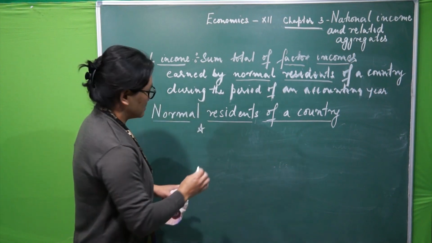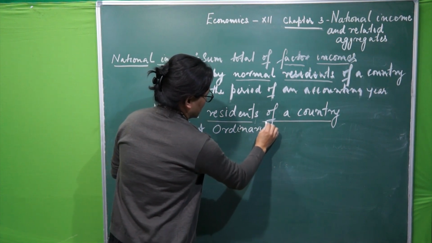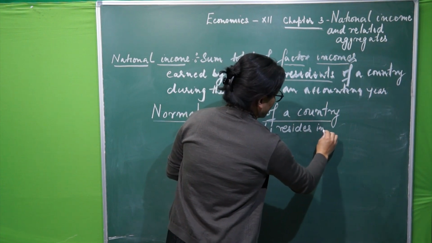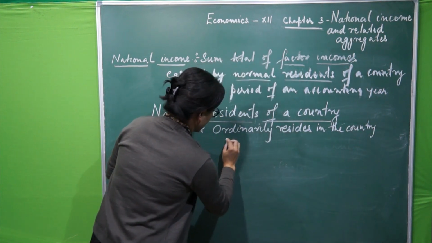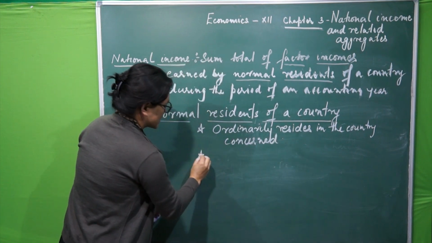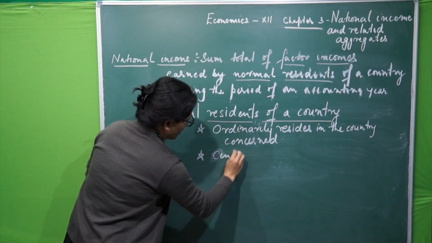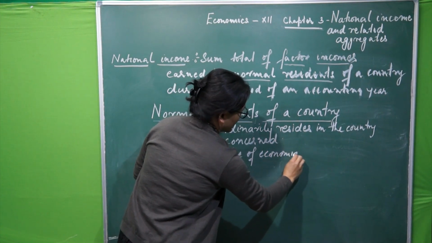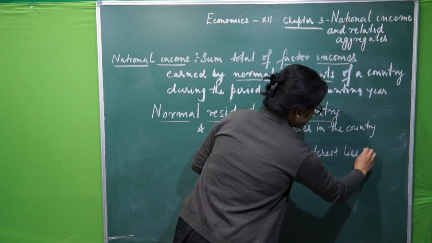The first one is that the person must ordinarily reside in the country concerned, and the second one is whose center of economic interest lies in that country.